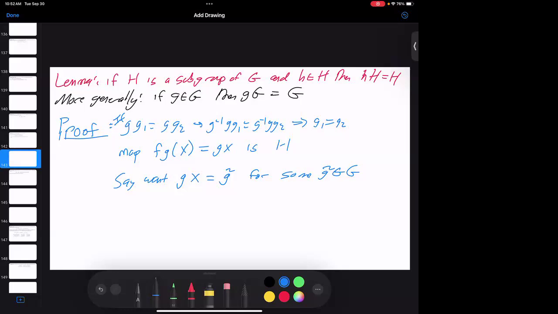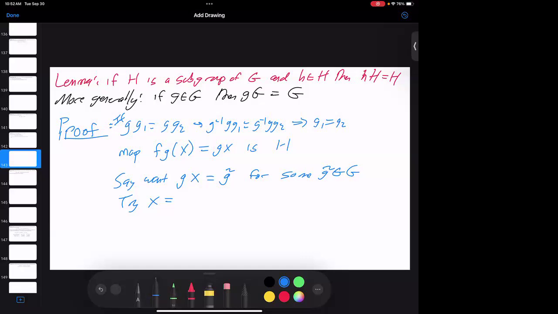Can anybody solve for x? What do you think would work? So when we multiply by g on the left, we want to get g tilde. How can we solve for x? What can we do to both sides? We have gx equals g tilde. How do you solve for x?